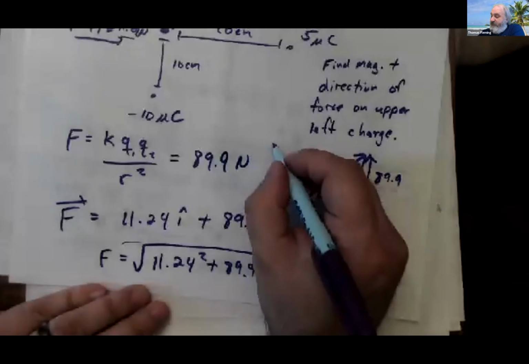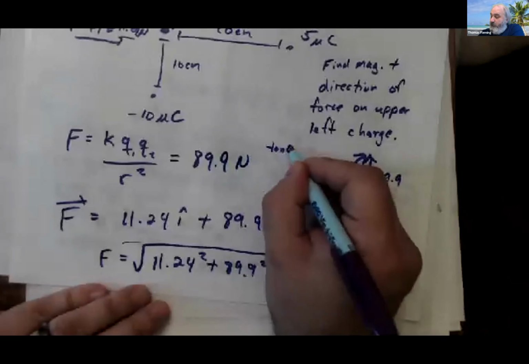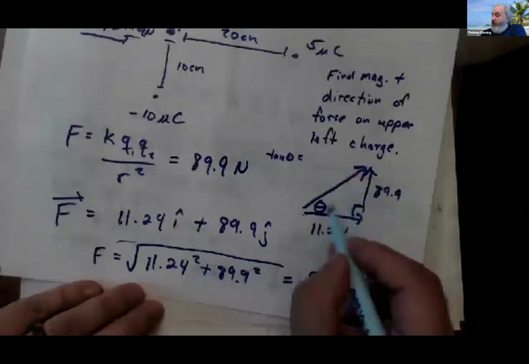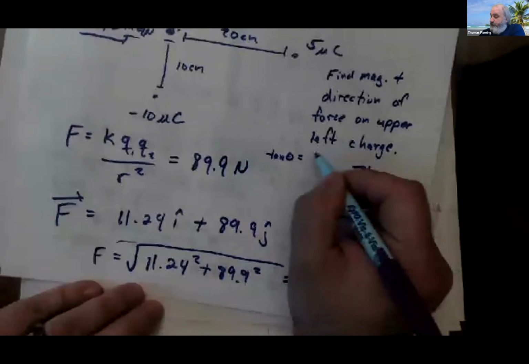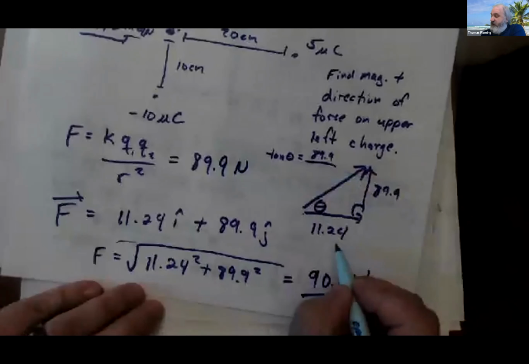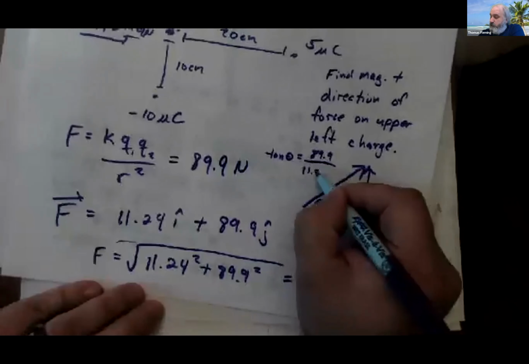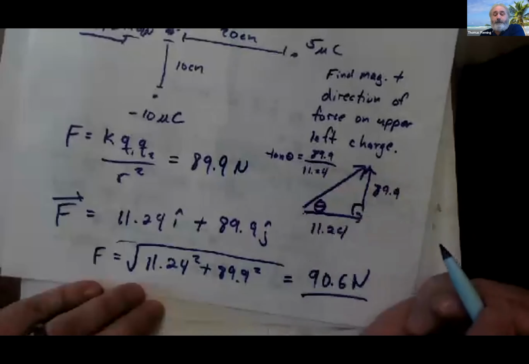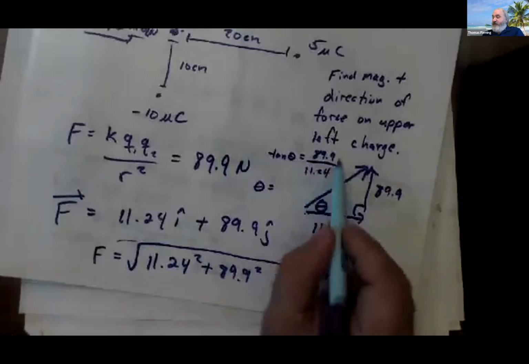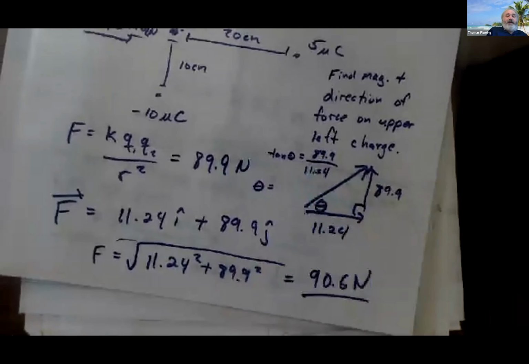The tangent of that angle should be the ratio of the opposite side over the adjacent side. So if I take the inverse tangent of that ratio, that'll give me my actual angle.